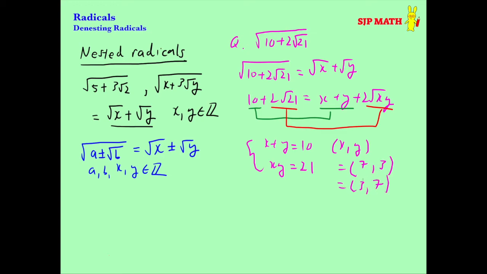But we realize that it doesn't matter, because square root of 3 plus square root of 7, or square root of 7 plus square root of 3, is basically the same expression, just ordered differently, but ordering doesn't really matter. So therefore, we have found that this is denested. This would just be equal to square root of 3 plus square root of 7. That was pretty neat. So that was about denesting radicals.